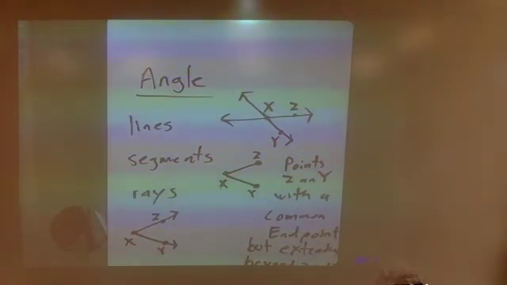I'm just trying to think of how they might describe it without using the word ray, and there's no easy way to do that. If you're going to make an angle with rays, they're going to say in the definition that it's made with rays.